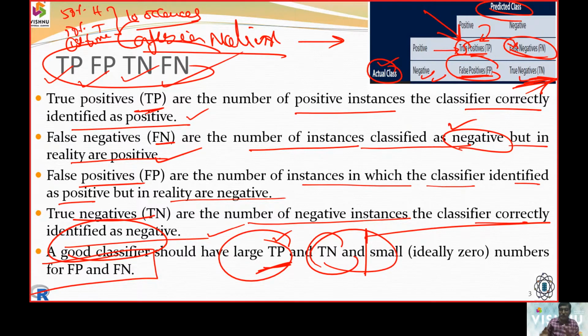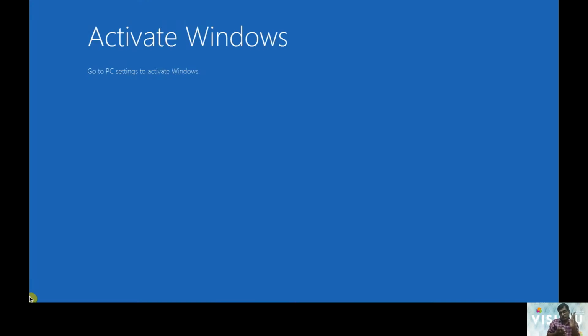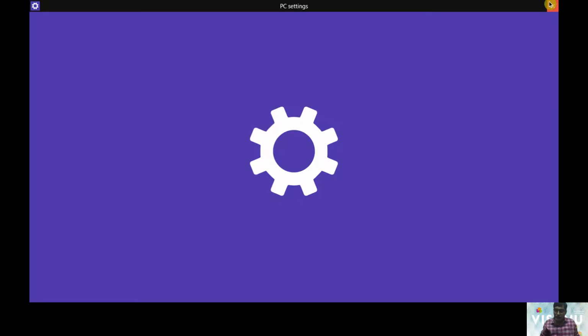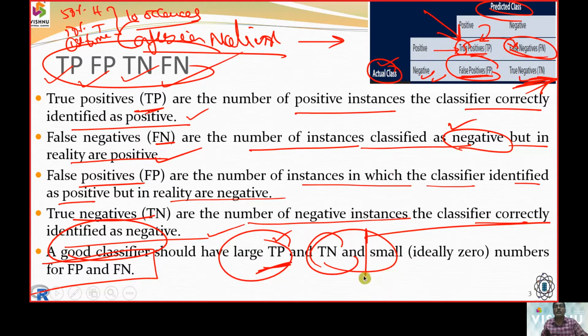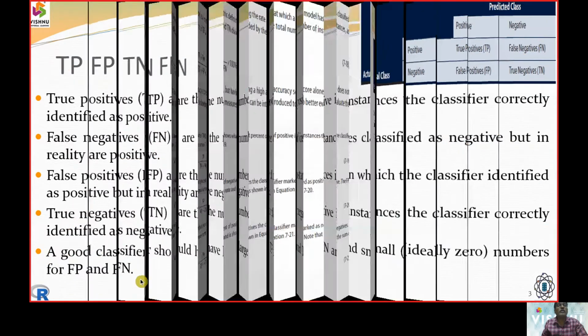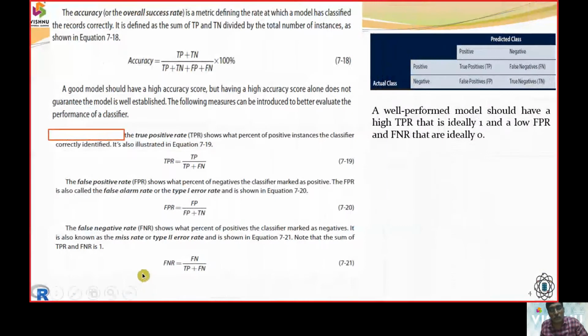The larger value should fall for true positive and true negative, and the smaller value should fall for false positive and false negative. Fine.